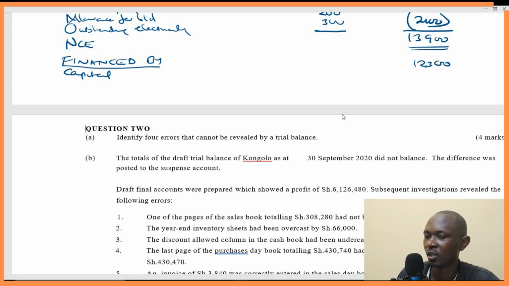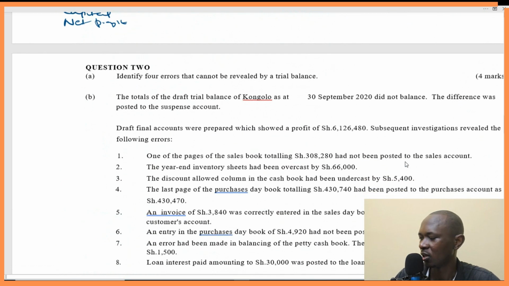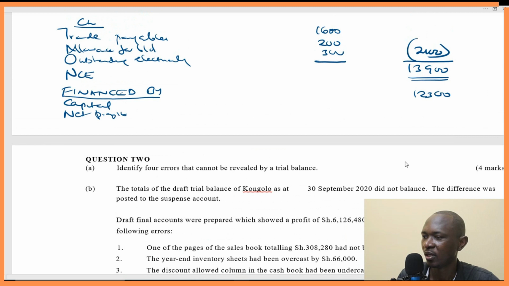Then we add the net profit which we got, I think if I'm not wrong, it was 1,600. Yeah, 1,600. So add 1,600, and there we go. Looks like we were spot on. So this is 13,900. So that is how we go about it, and this also becomes our net capital employed.